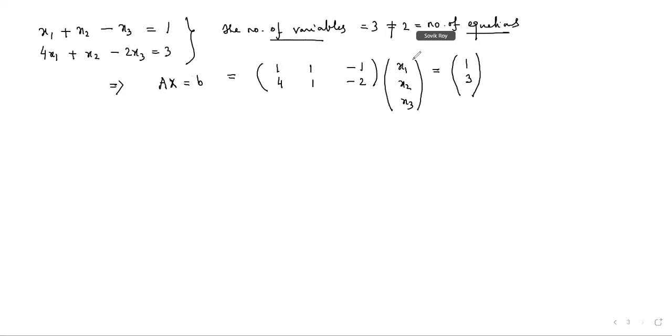Since this rank approach is not restricted to square matrices only, right now I don't have to check the value of the determinant, because it is not possible to find it. So we can definitely apply the rank approach.